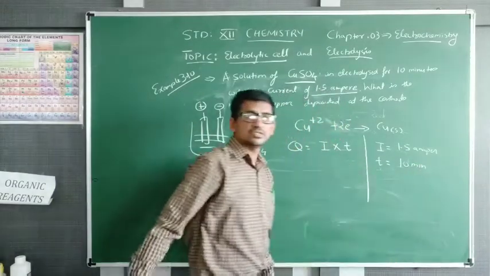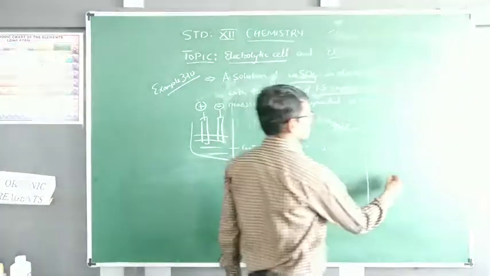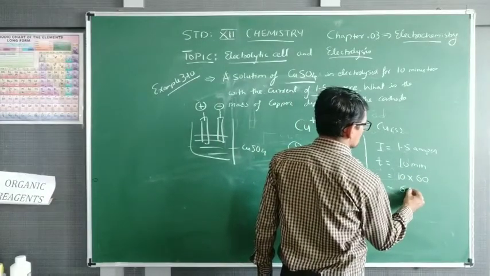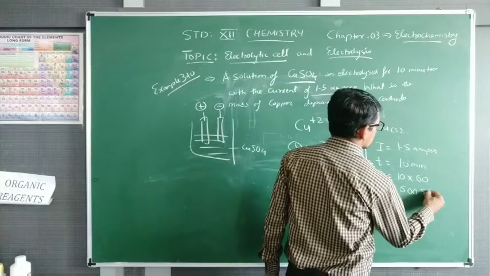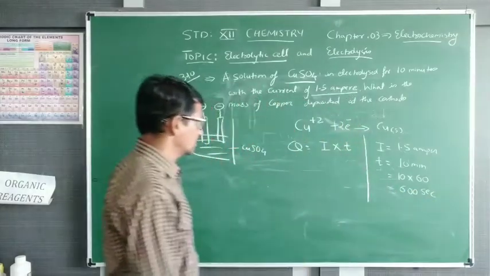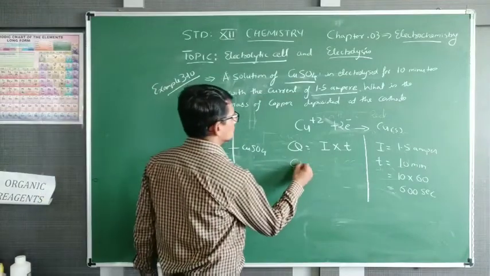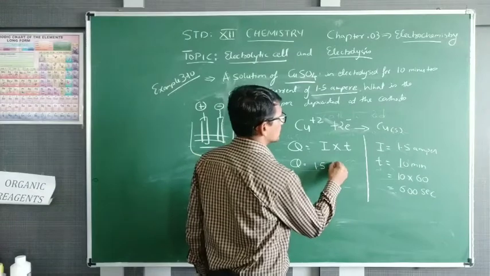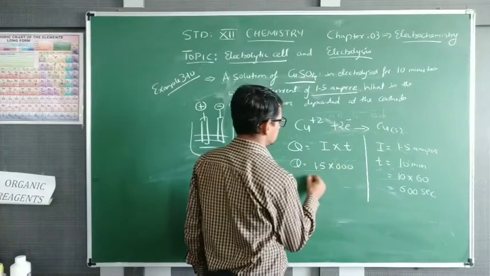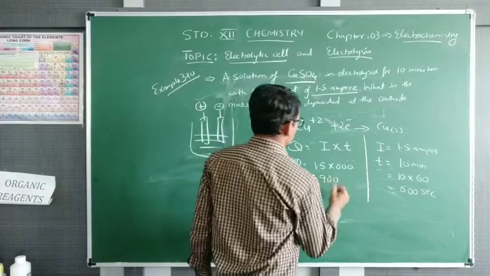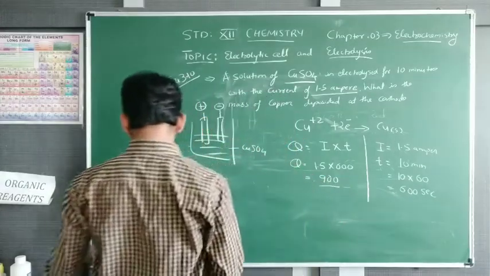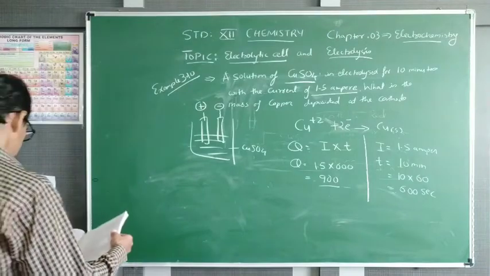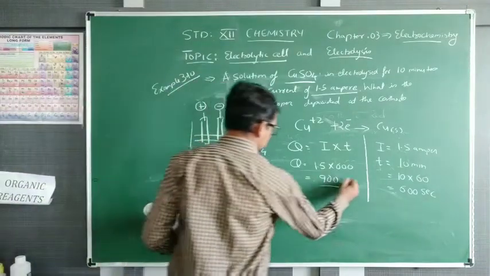We have to convert this minute into second, so it is 10 into 60, which is 600 seconds. Here Q is equal to 1.5 into 600, so it is 900 coulomb.